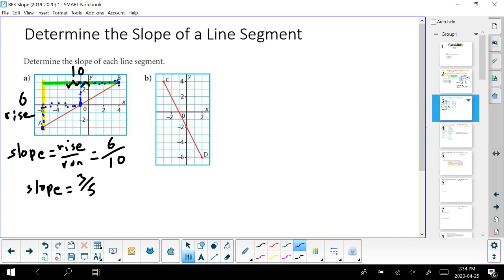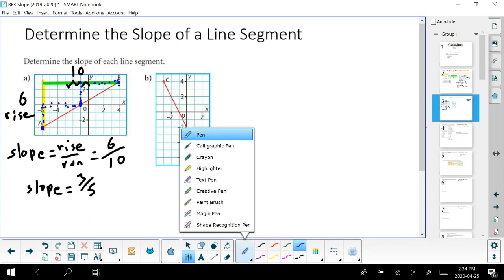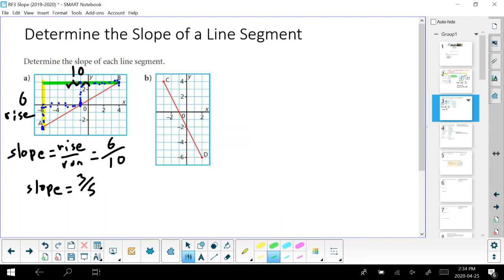For example number 2, we're going to do the same thing. Let's start off at point C. We're going to trace downwards, and we're going to try to find the same grid line that D is on. So we're working from C. We're going to move all the way down here, and we'll notice that our rise in this case is actually a -10.